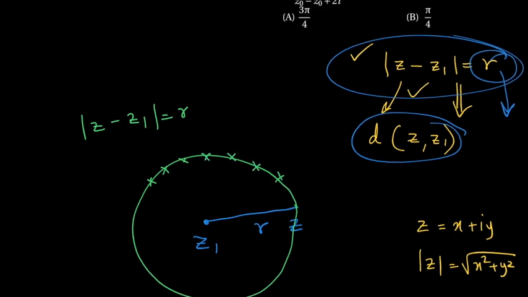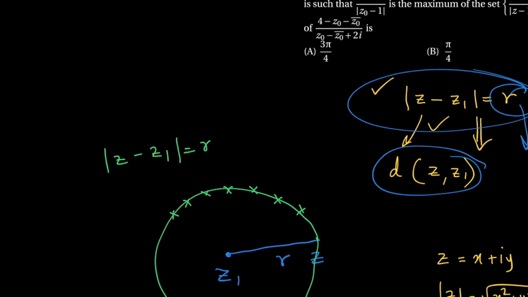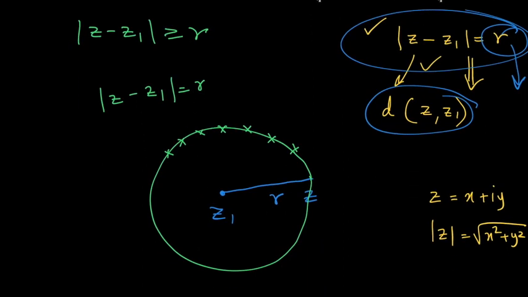Now, instead of equality, if you have inequality, suppose it is modulus of Z minus Z1 greater than or equal to R, what does it represent? It will represent the set of all complex numbers lying either on the circumference of the circle or outside the circle. Similarly, if we have modulus of Z minus Z1 less than R, what does this represent?